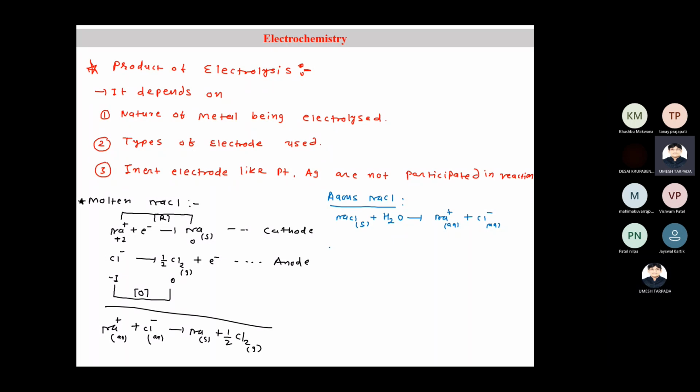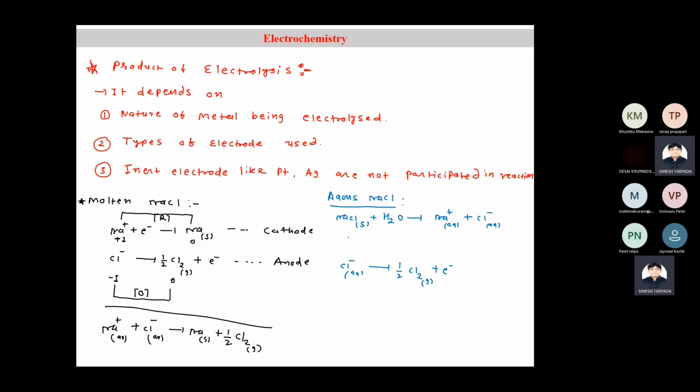Now what happens? At the anode, the same reaction takes place. Again, the negative ion Cl minus undergoes oxidation to give 1/2 Cl2. But at the cathode, Na plus cannot be reduced because it is an aqueous solution, so the concentration of water is very high.